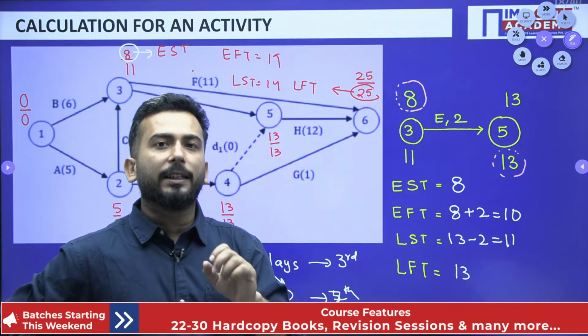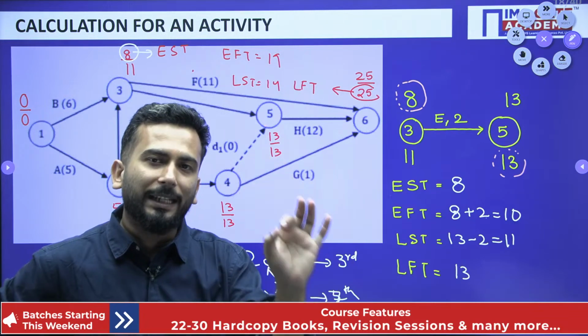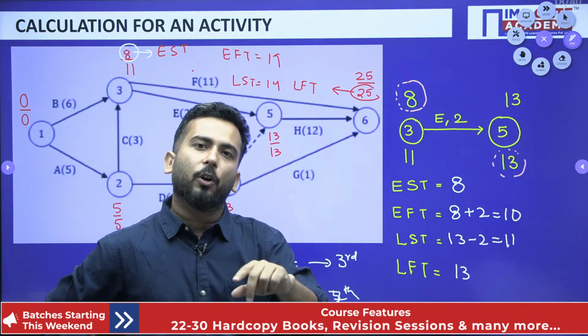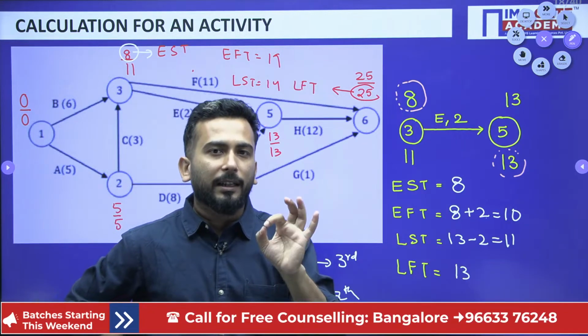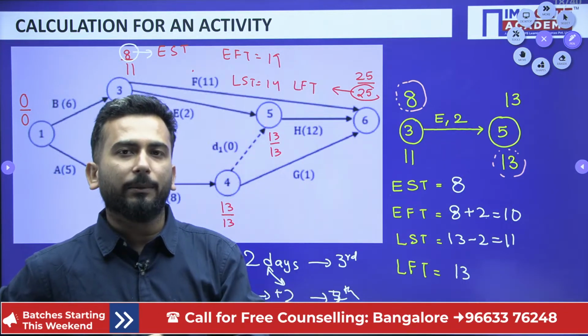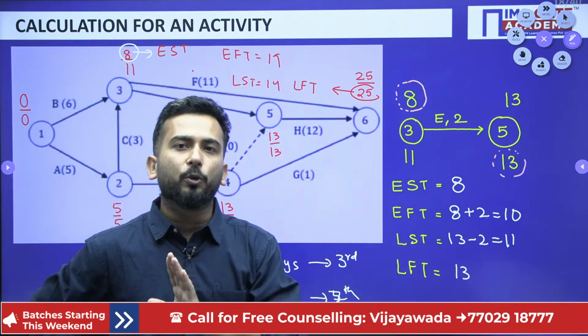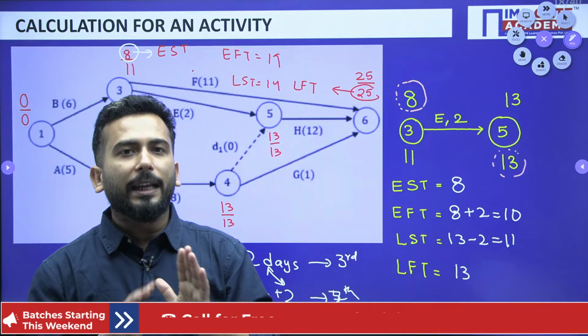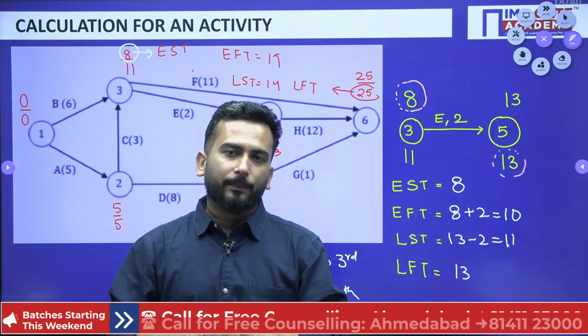So critical means what? Critical means something very important. You cannot afford to lose any day on that particular activity or event. So such activities are known as critical activities. Critical means you cannot afford to lose any day, you cannot afford to chill out, you cannot afford to relax any day as far as those activities are concerned.